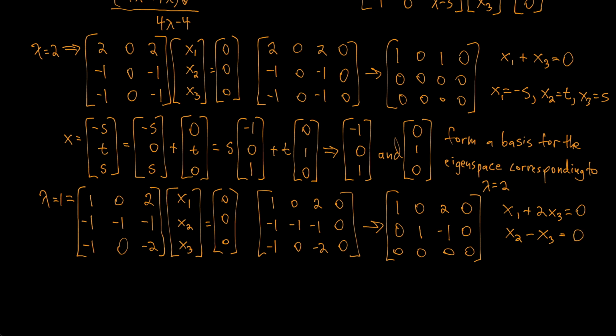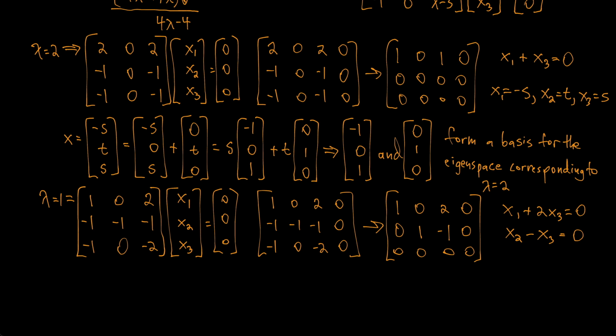So that means that I have x3 as a free variable, but not x2 this time. So I'll set x3 equal s, and I'll write x1 and x2 in terms of it. So if x3 is s, that means that x2 is also s, because I just moved this to the other side by adding it. So that means that x1 is negative 2s by moving this to the other side.